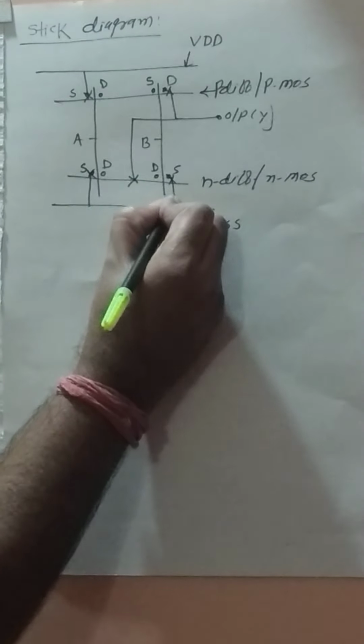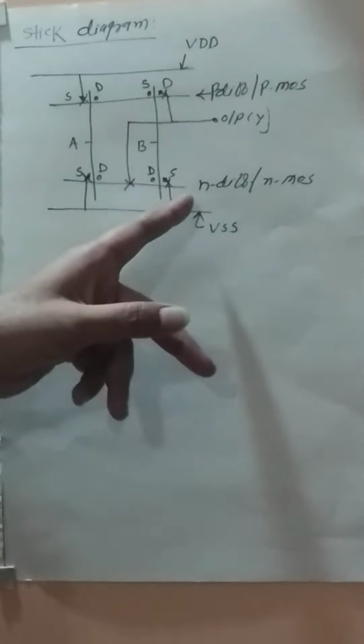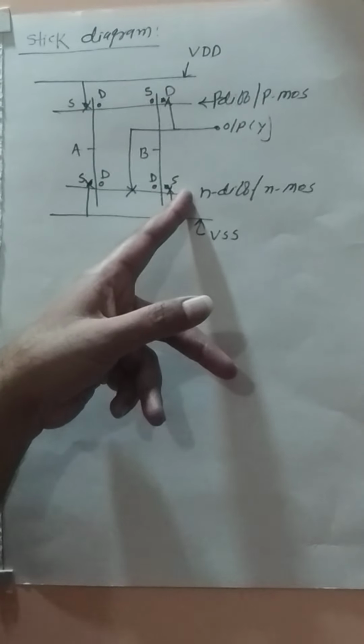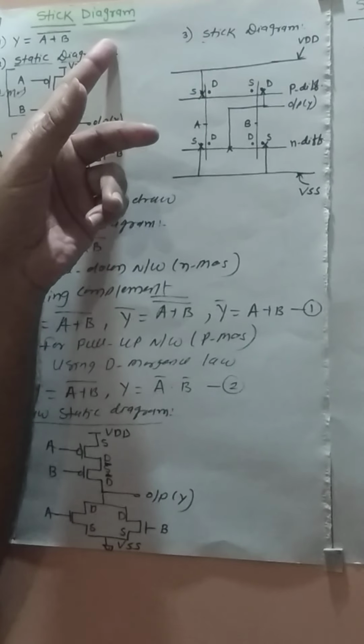Okay. Now this is the source of A. Source of A is connected to VSS and the connection is represented by the cross, and also source of B is connected to VSS, with the connection represented by the cross. This is the stick diagram of equation Y equals A plus B bar. Okay.